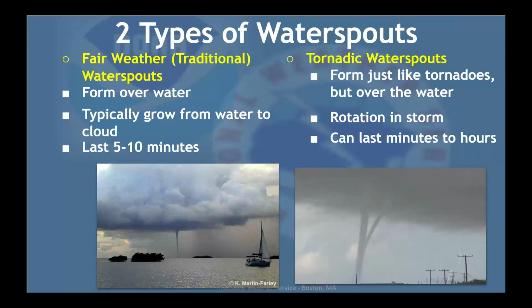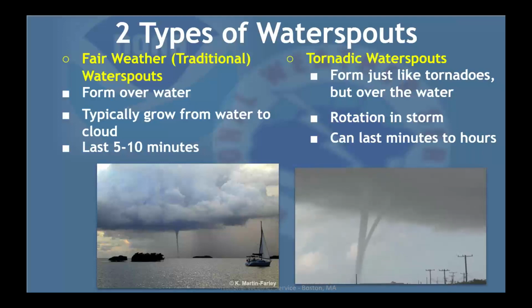For the fair weather waterspouts, they form over the water, and they typically grow from the water to the cloud, so from low to high, and they can last anywhere from 5 to 10 minutes on average. On the other hand, we have tornadic waterspouts, and those form just like tornadoes do. The only difference is they just happen to be under or over the water.